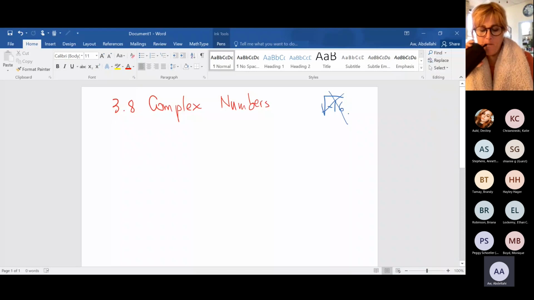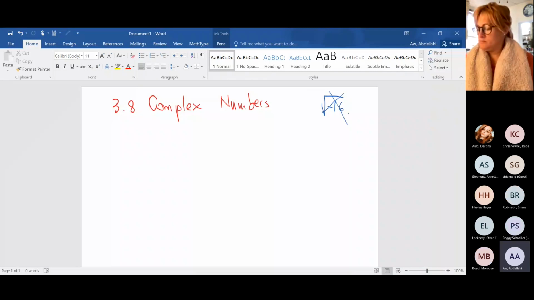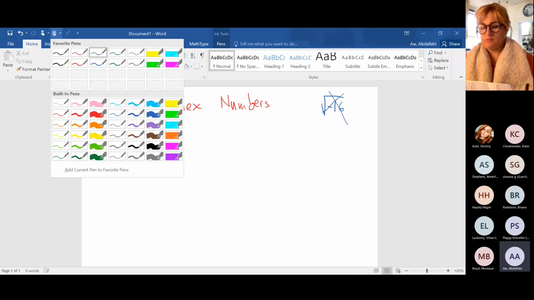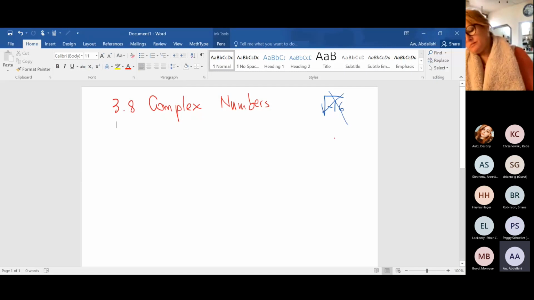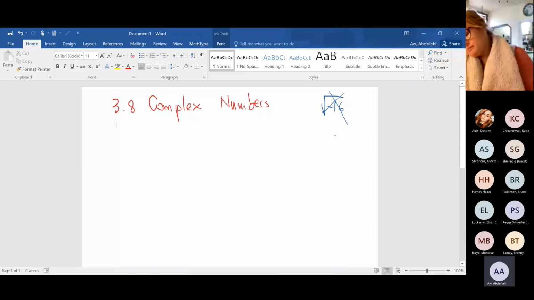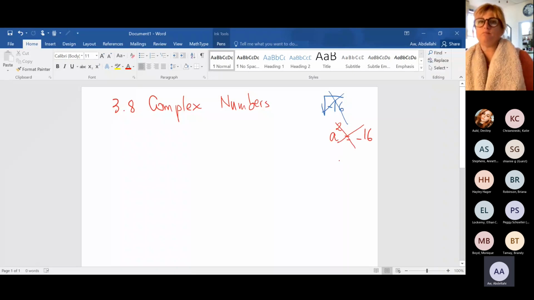You cannot square a number and get a negative number. If you consider real numbers, when you square any number A, it's not possible to get negative 16.